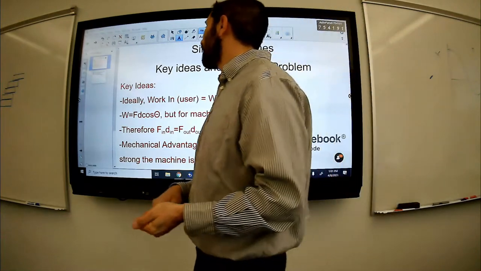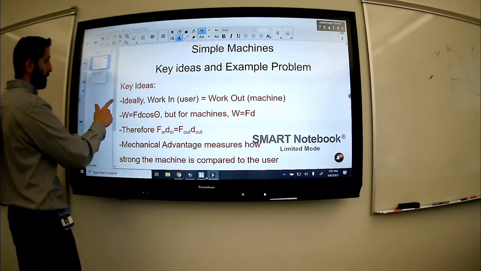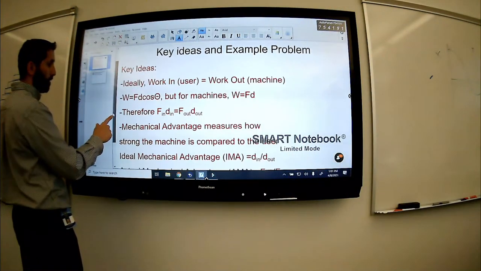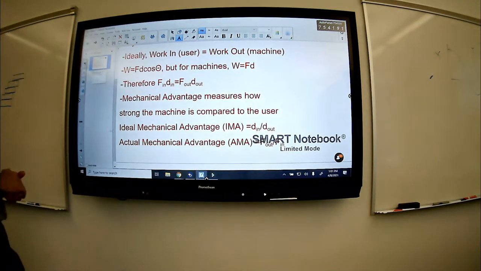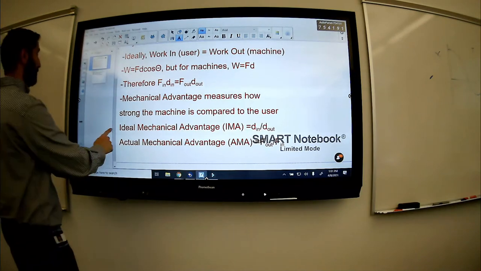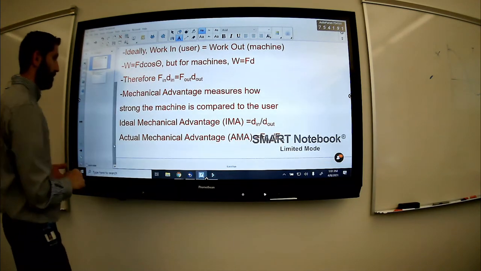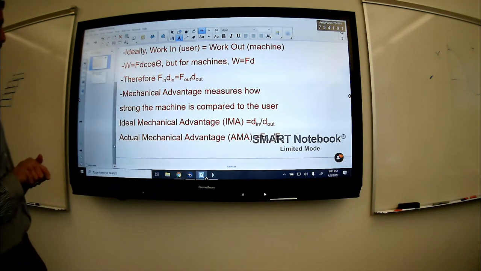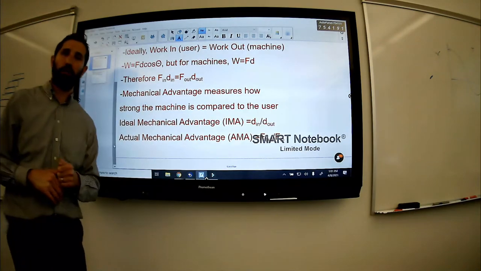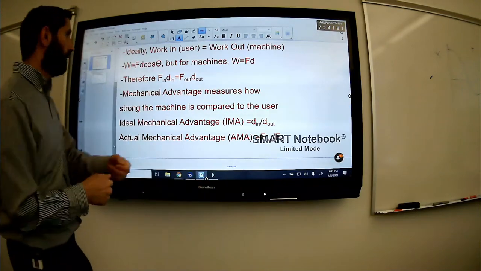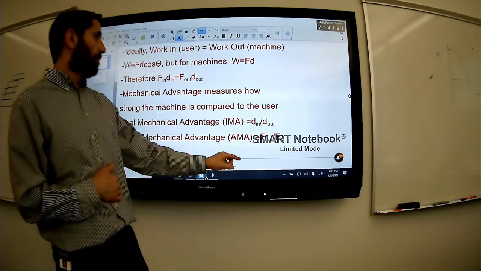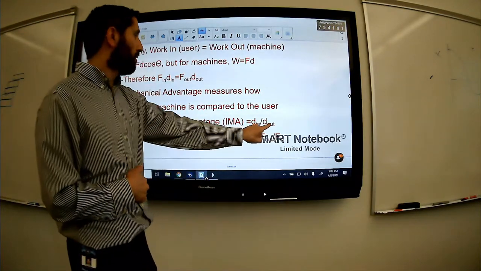Okay, and there are two different ways that we can calculate that, depending on whether we're talking about theoretical or ideal mechanical advantage versus actual mechanical advantage. If we're talking about the ideal mechanical advantage, that would be if there were no friction or any other resistive forces, the ideal mechanical advantage is equal to the input distance divided by the output distance.